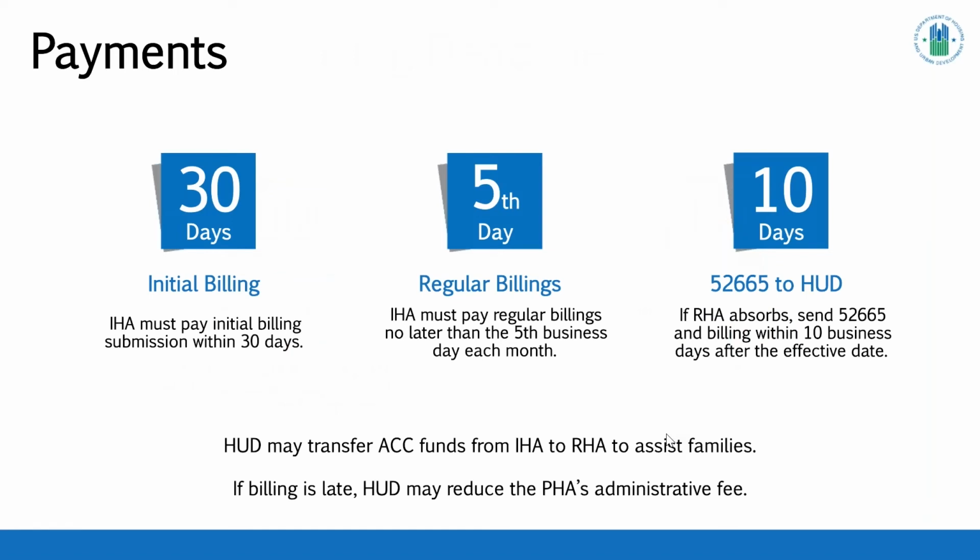It is so that the family isn't burdened. It's good practice for the receiving housing authority to contact the initial housing authority, inquiring about the information, but you do not have to accept it if it's received after the deadline. The initial housing authority would be responsible for you not accepting that billing.